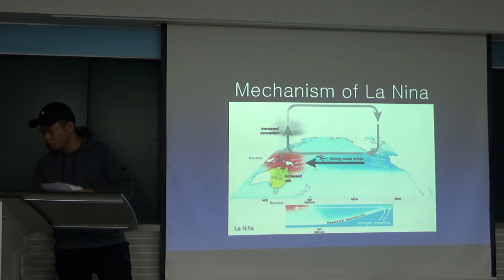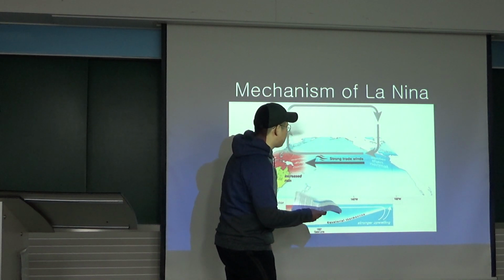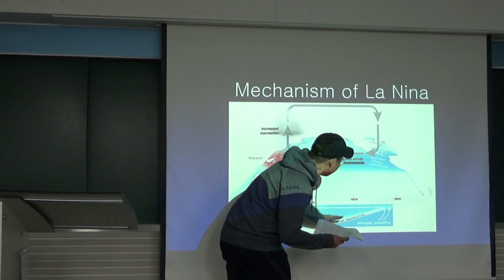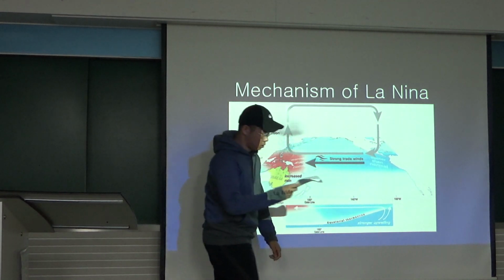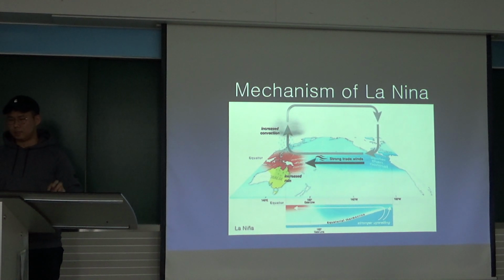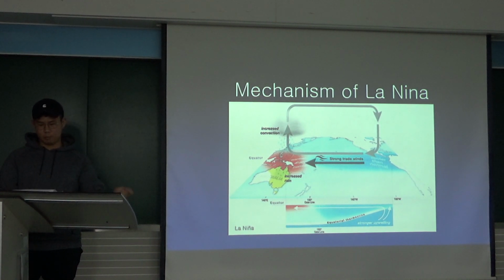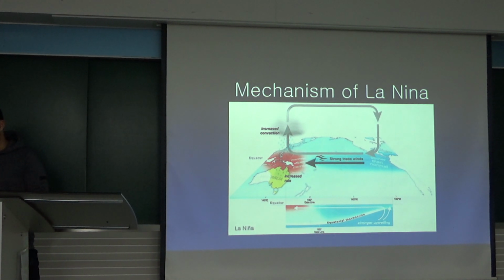And La Nina is the opposite of El Nino. It has an increased gradient of thermocline and strong trade winds. This is ENSO. These three phases make an oscillation.